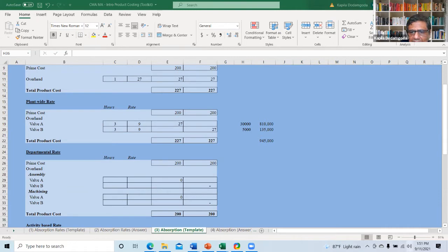Nalaka, I'm not talking. I just want you to try this. You said you can't hear. I just want you to try this computation. If you use the departmental rate, what is going to be the per unit cost?